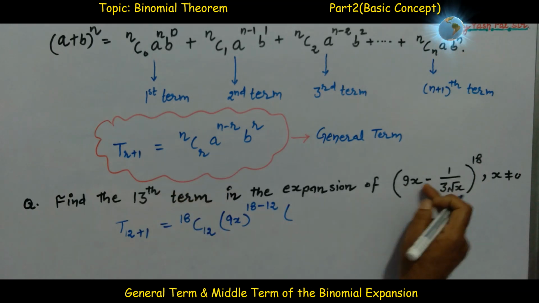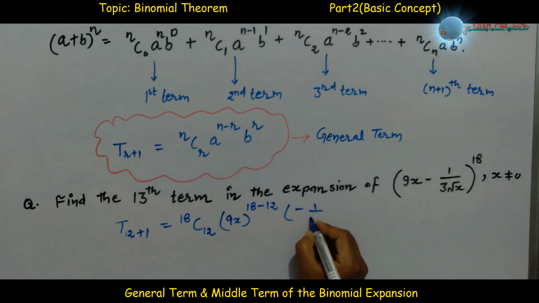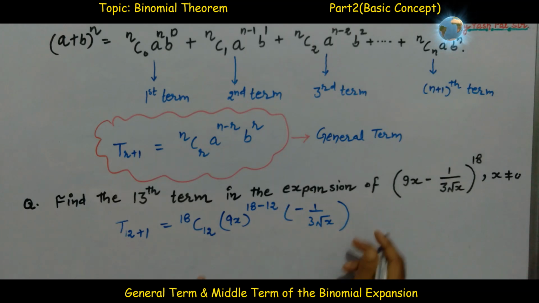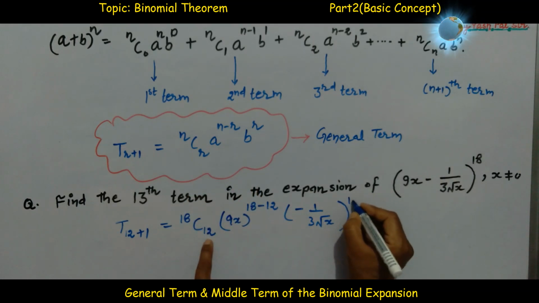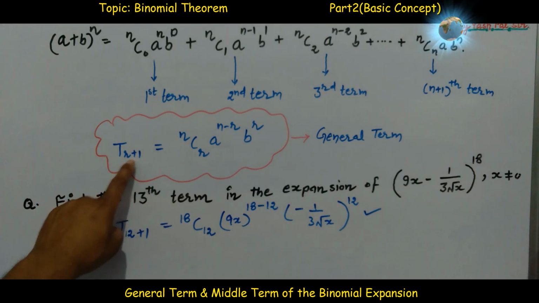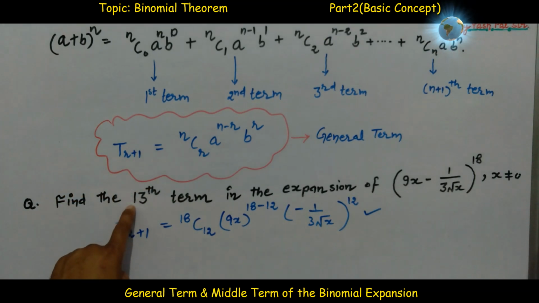What is b? This is minus 1 upon 3 square root of x whole raised to power r. What is r? 12. So this way, with the help of general term, we can find any term.